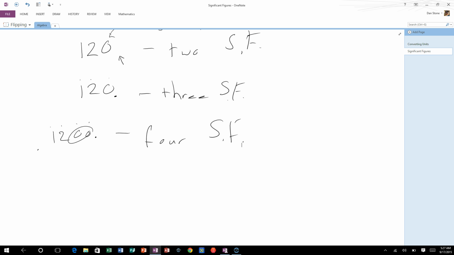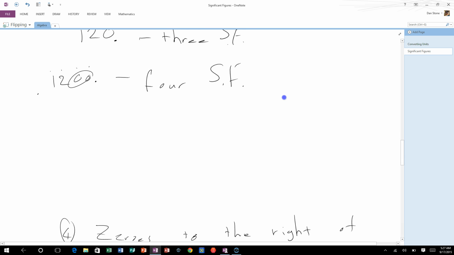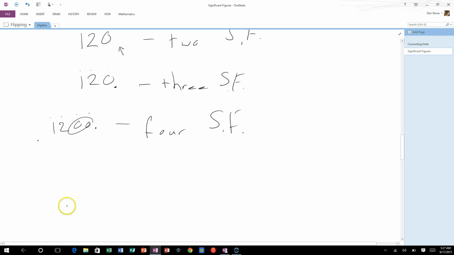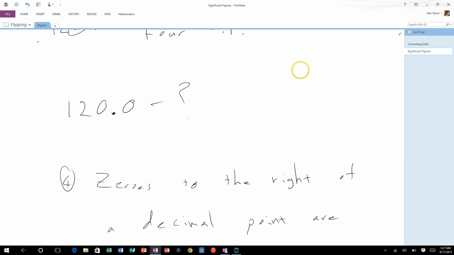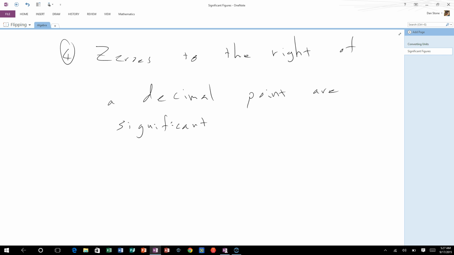What about if we had something like this? Let me get a little bit of space. And let's say we went back to 120, and now we added a 0 after the decimal point. How many significant figures do we have here? Well, our last rule is zeros to the right of a decimal point are significant, always.